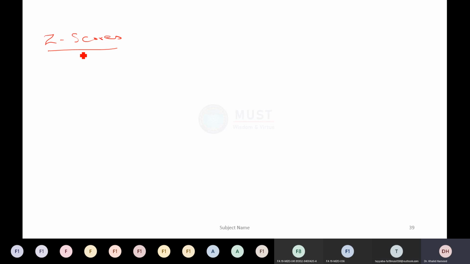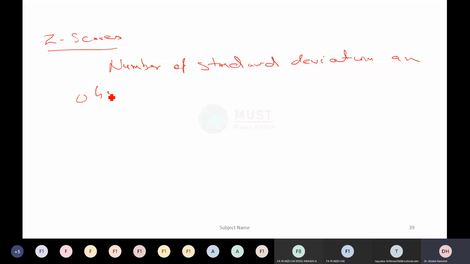The recording has started. Okay, so z-score. We define the z-score as the number of standard deviations an observation is away from the mean.